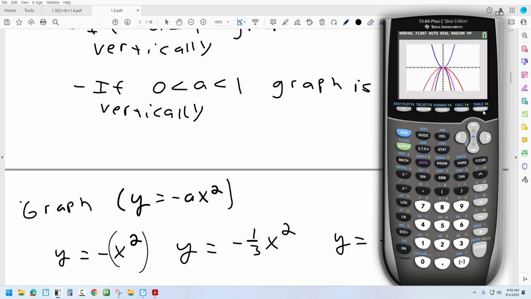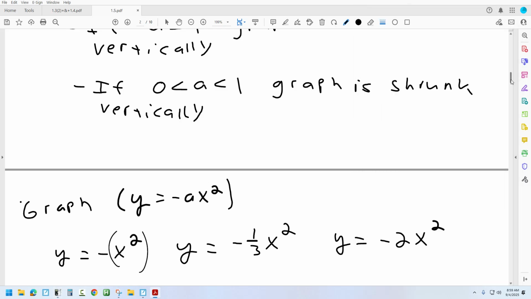The red one and the black one are reflections, and we're also changing the width of it. So we're doing a stretch and a reflection. The black one is just a reflection. No, sorry, the pink one is just a reflection.